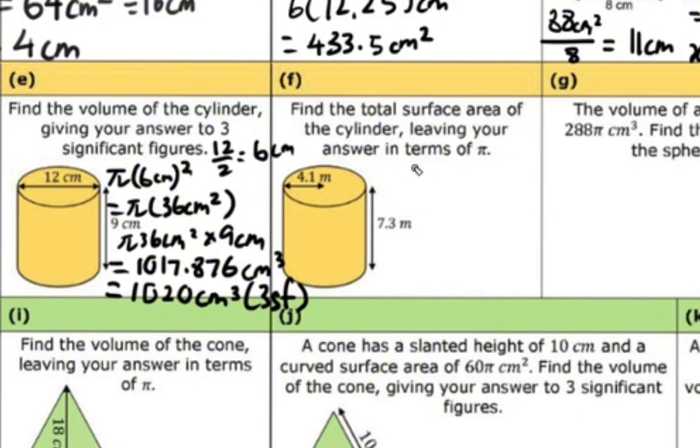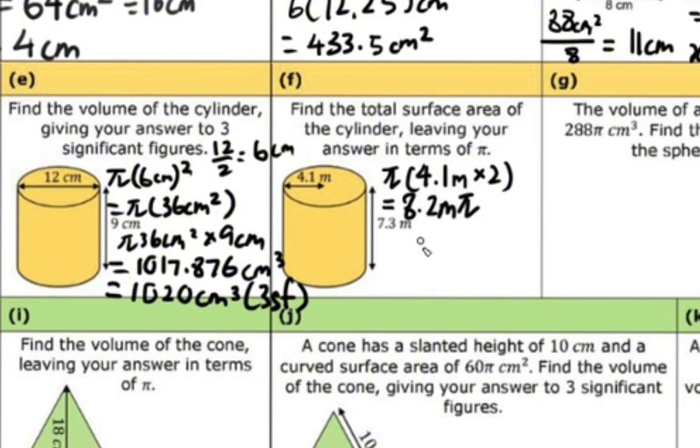So it would be pi bracket 4.1 m multiplied with 2. The reason why we have to multiply it with 2 is because the formula for circumference of the circle is pi d, d as in the diameter. So the answer would be 8.2 m pi.